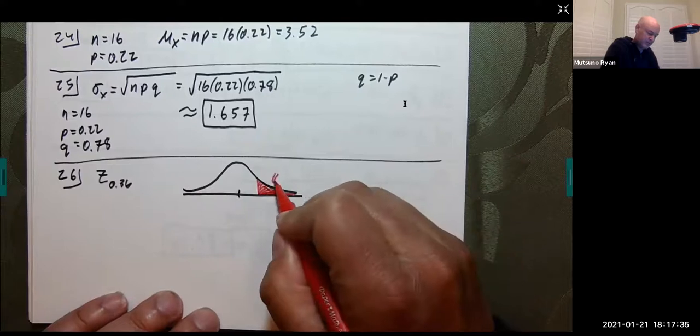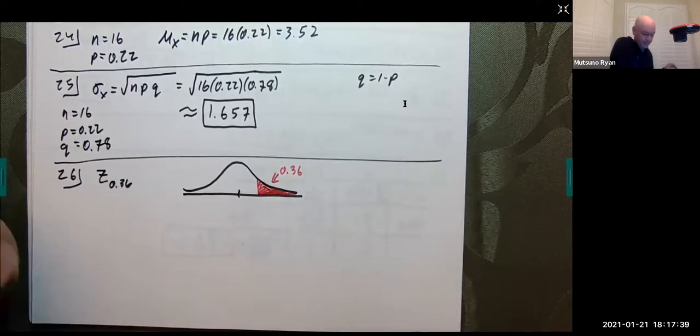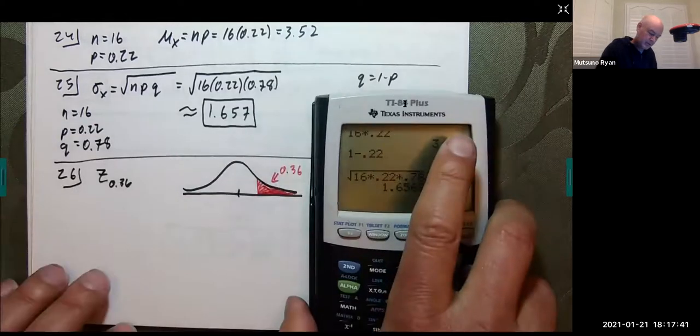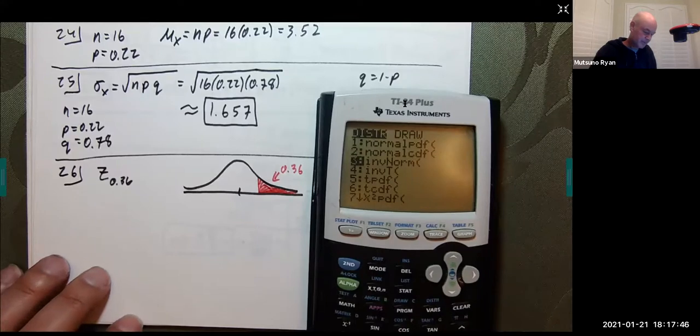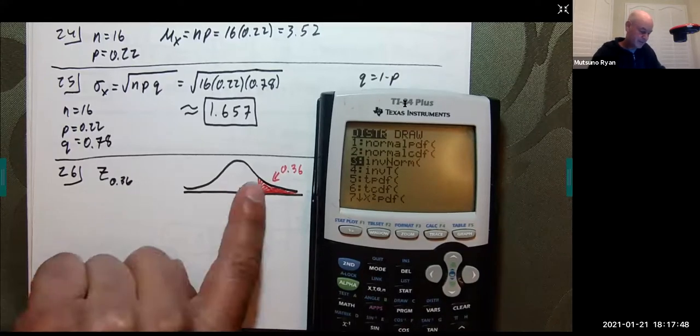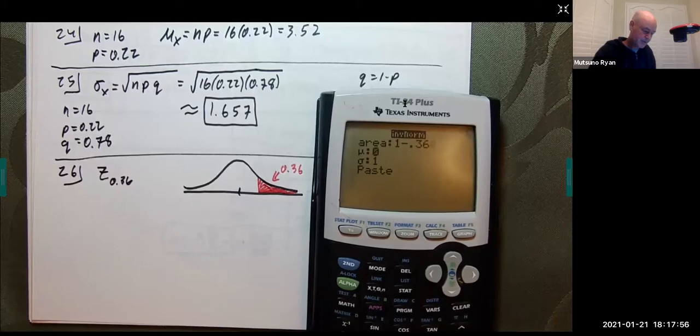So this area here is 0.36. Now, if you remember when we use inverse norm under distributions, it needs area to the left. So when I ask for area, I have to do my 1 minus trick. And this is standard normal, so the mean is 0, standard deviation is 1.